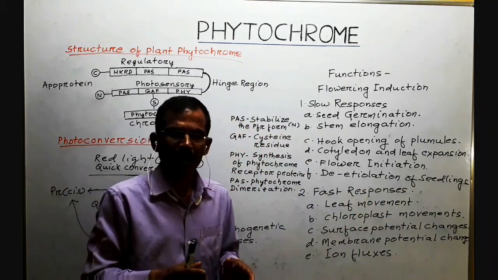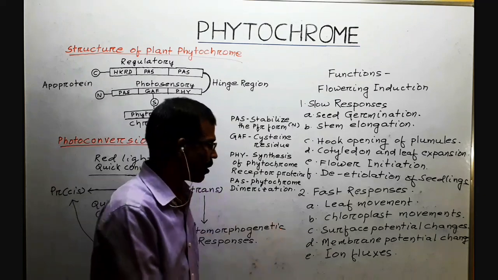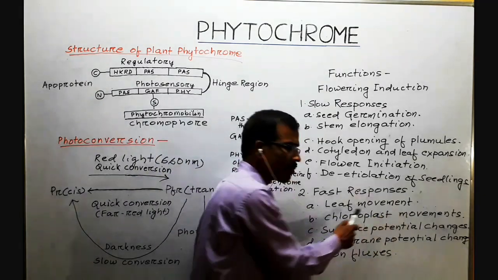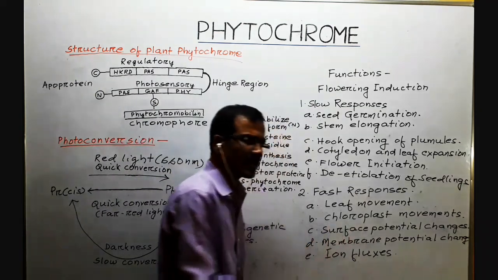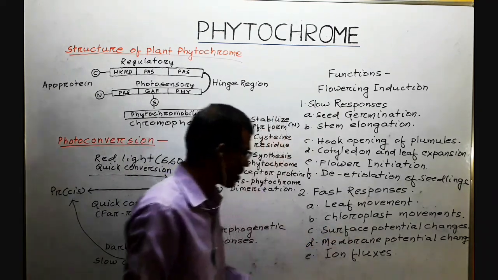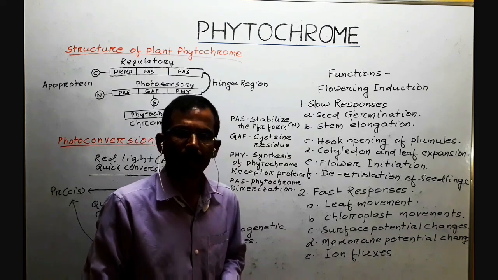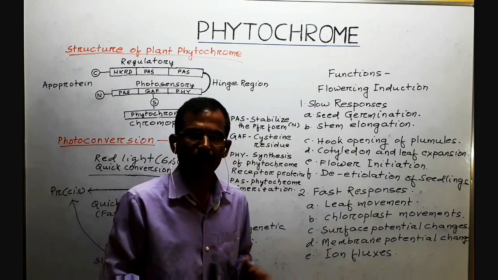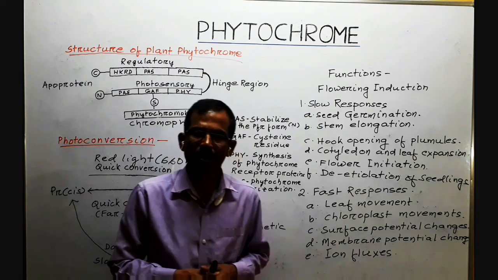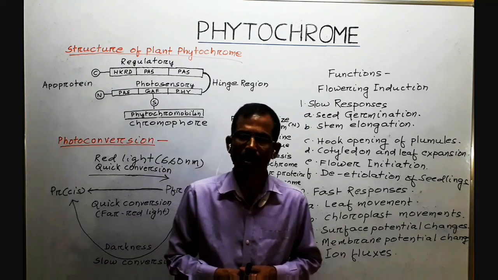And the fast responses include leaf movement in Mimosa pudica and chloroplast movements, surface potential changes and also membrane potential changes and ion flux. So friends, this is about the structure and function of phytochrome.